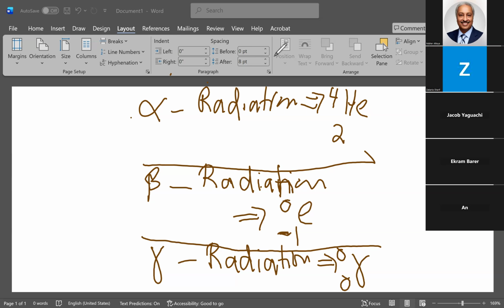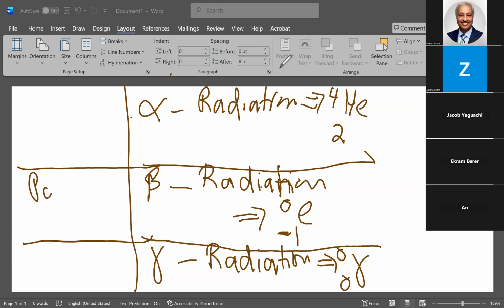Then we will have the opposite of beta, which is called positron. Positron. It has no mass, but the charge is positive. So positron is the opposite of this.